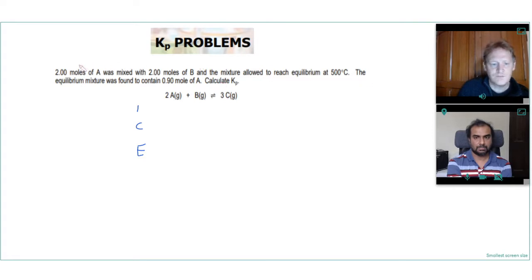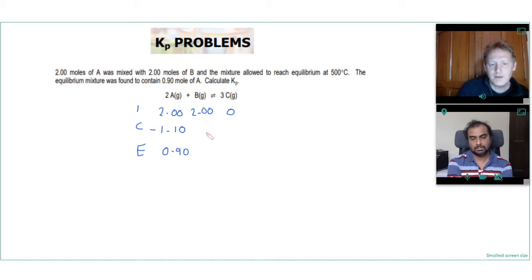So putting in the information from the question, we're starting with 2 moles of A, the same, 2 moles of B, and at the start with nothing of C. And then we're told the equilibrium mixture was found to contain 0.9 moles of A. So we can put that in, 0.9 moles of A. So we can see the change in moles there is 1.1. So 2 take 1.1 gives us 0.9.